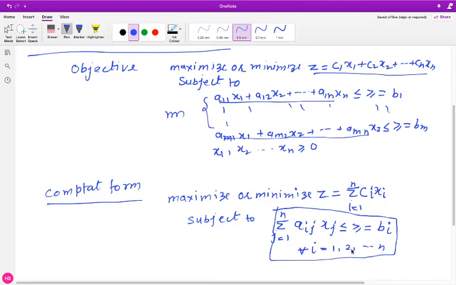Similarly, if you pick i equals 2, then it is going to be a21 x1 plus a22 x2 plus dot dot a2n xn less than or equal to, greater than or equal to, or equal to b2. So this is the compact form of the linear programming problem.